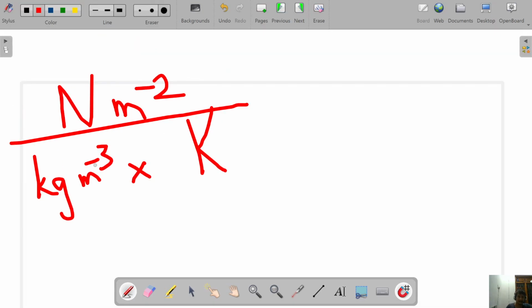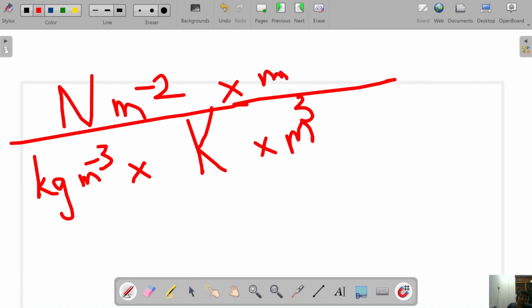Now the denominator has meter minus 3 and the numerator has meter minus 2. If we multiply by meter cube in the denominator and the numerator, the meter minus 3 and meter cube cancel, giving m to the power 0, which is equal to 1.